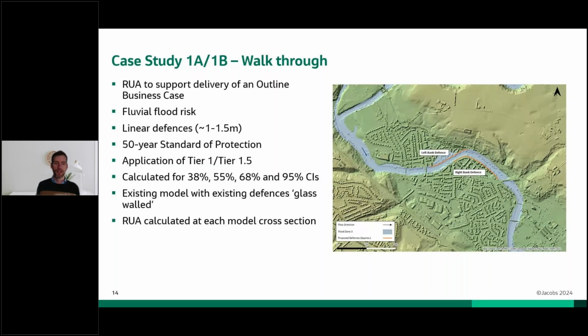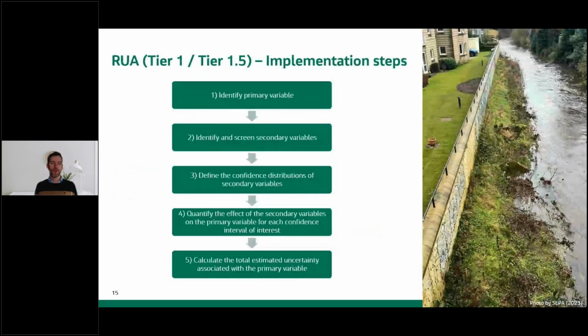We want to understand what the resulting level is as a result of these sensitivity tests that we're doing for the RUA, so we mustn't have any overtopping. We've also calculated the residual uncertainty allowance for all the cross sections in the model, as that's easy and quick to do. But really, we're most interested in those ones that align with the linear defences that are visible on that screen. So let's move on a little bit.